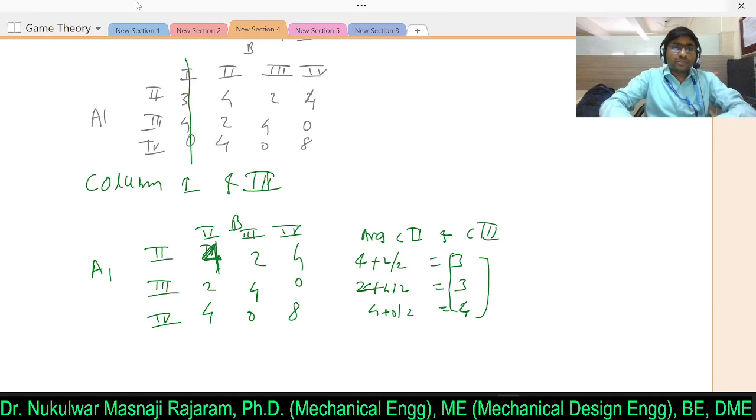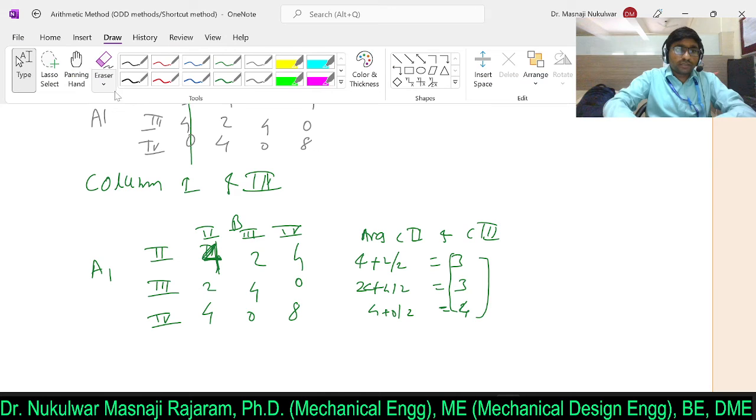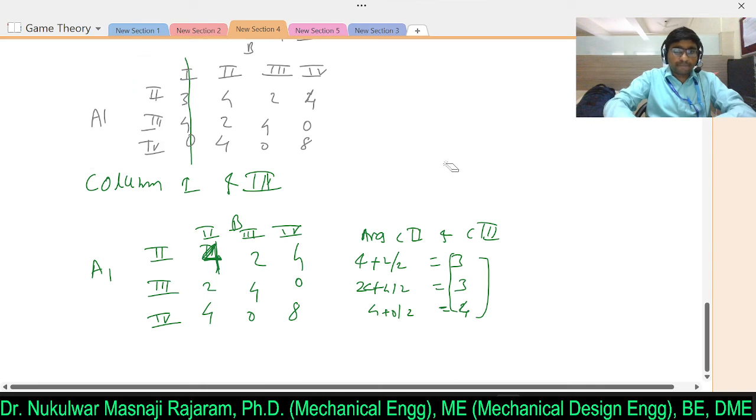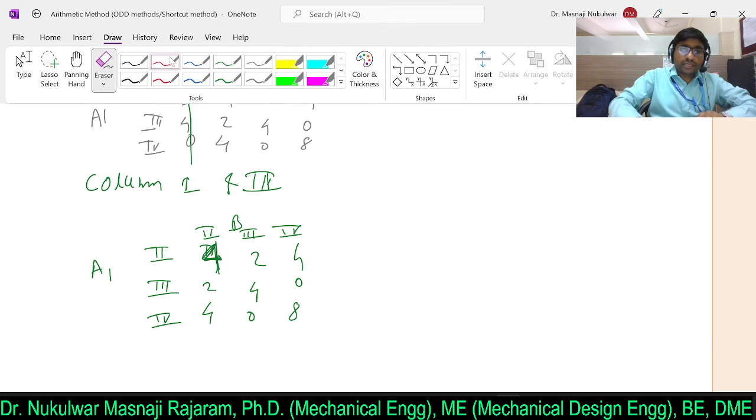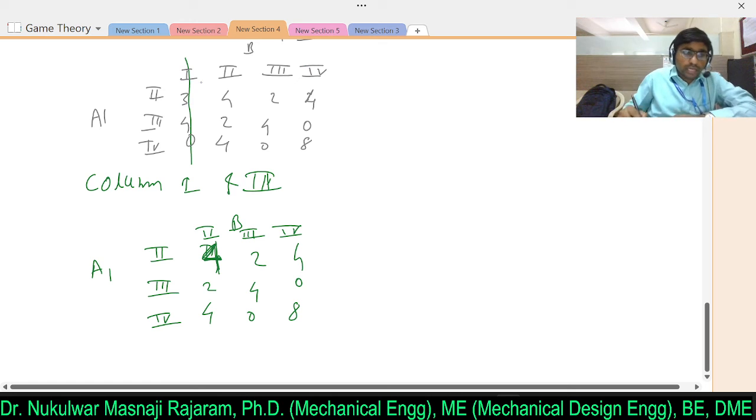So I cannot use this strategy. Clear? So I will erase this entire attempt. We cannot use it. Clear? So if this is the situation, then again we need to check another. So I will check the third and fourth, and I will compare with the first.